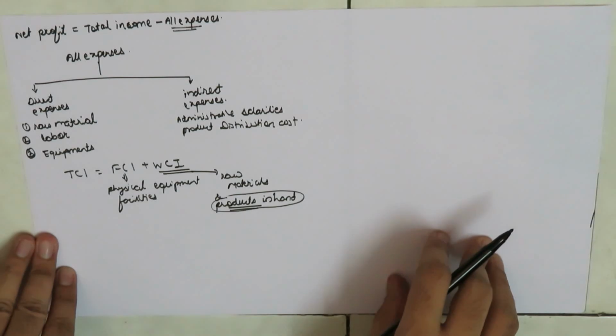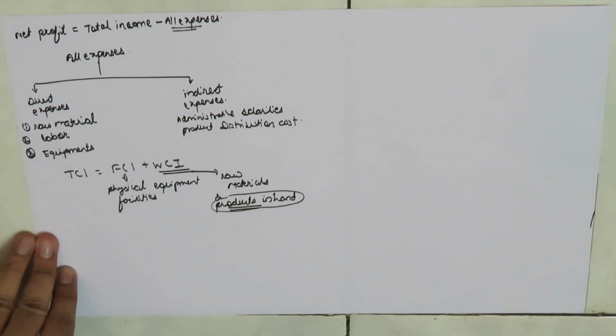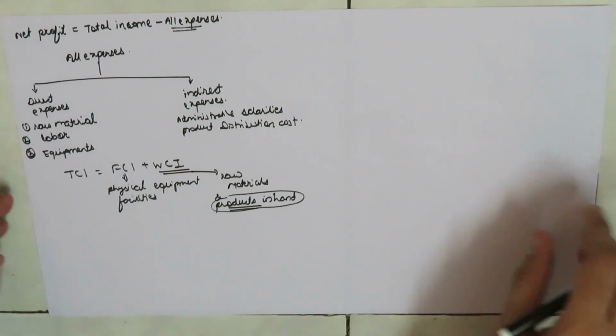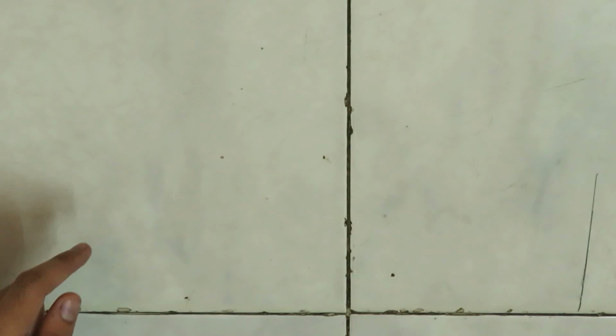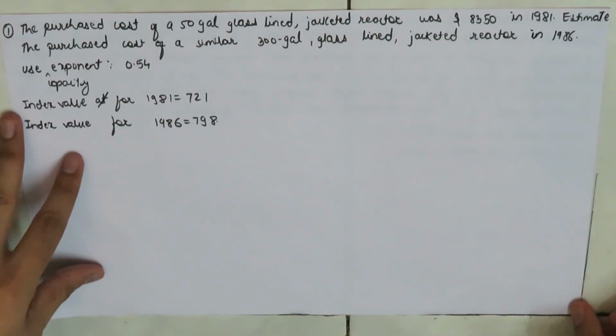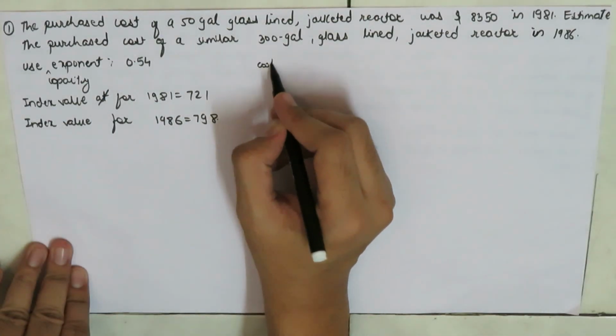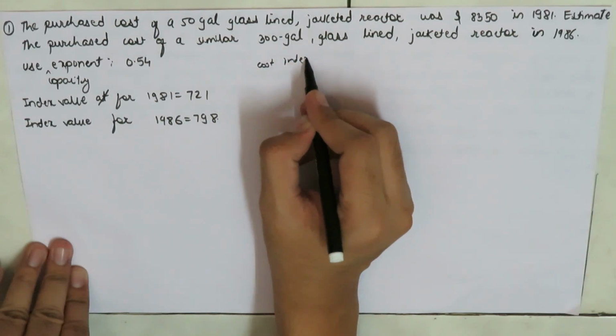Okay, so without wasting our time, we are going to solve some of the classic examples which are dependent upon the cost estimation. So here is the first example, and before directly putting hand to the example, I'd like to introduce the term which is called the cost index.